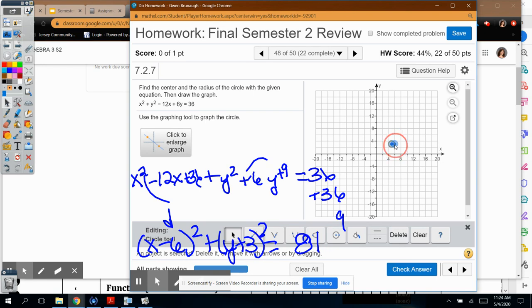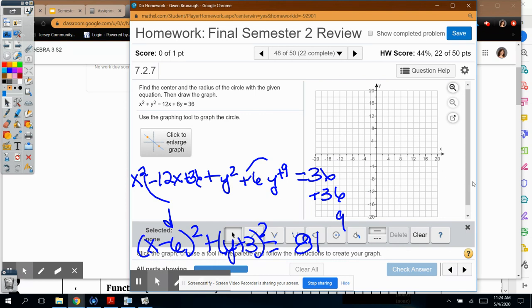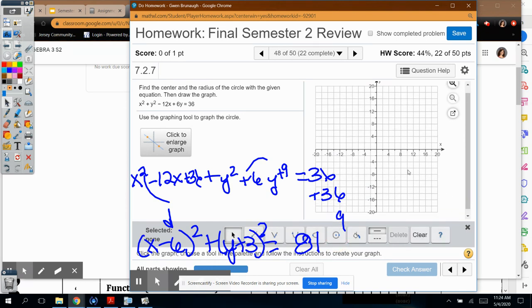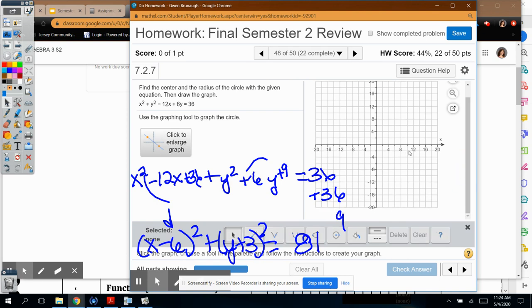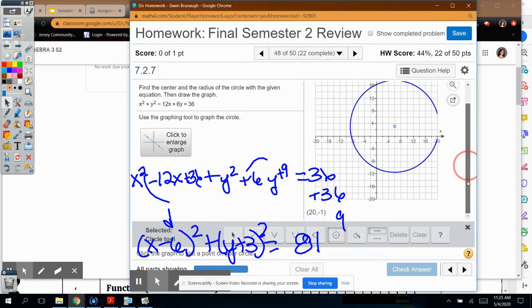I think it might tell you down below, if you scroll down a little bit, where you're at. Does it say it somewhere? Yeah. So I'm at 6, 3.